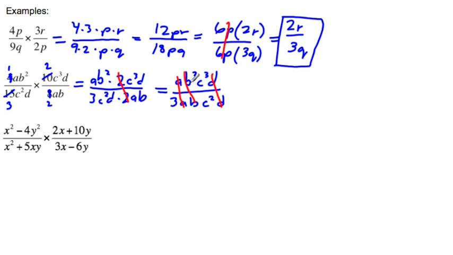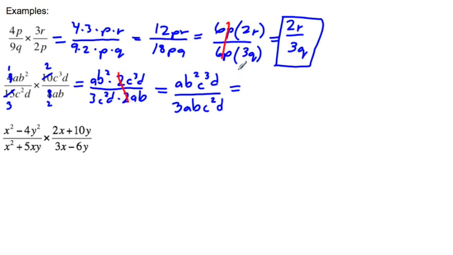Oh, my bad. I see I had b squared, so just one of those cancel out. You know what, let me erase that. Let's move backwards a sec. Alright, got a little ahead of myself, a little jumpy. So, multiplying across, we have ab squared c to the third d over 3abc squared d.